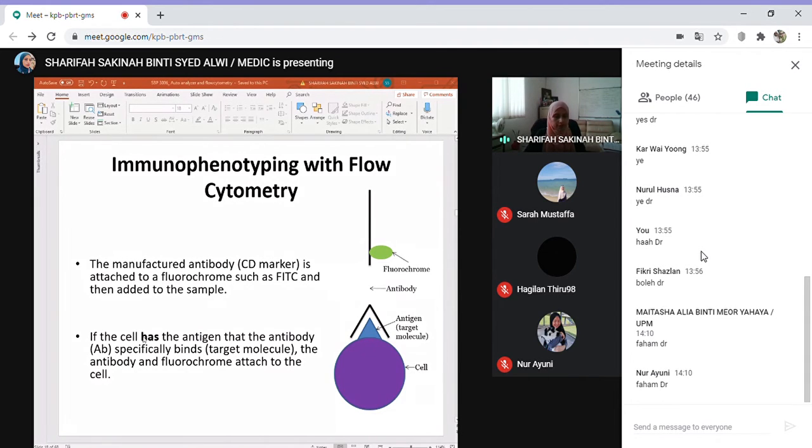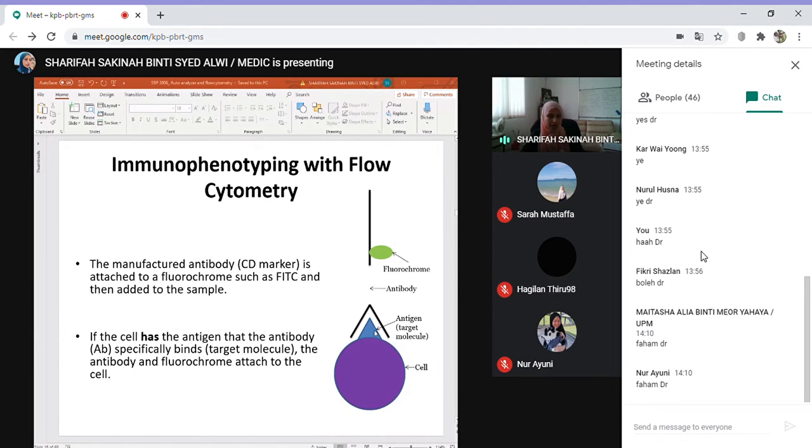All right. So if the cells have the antigen that the antibody specifically binds, the antibody and the fluorochrome attach to the cells. So let's say this is the cell, and at the surface of the cell there is the antigen.